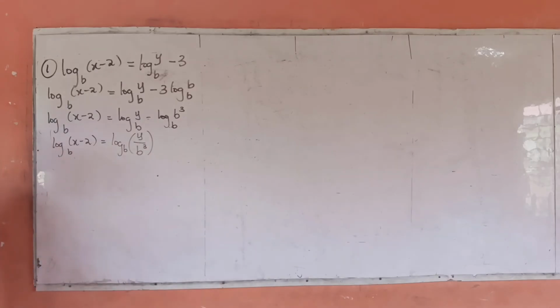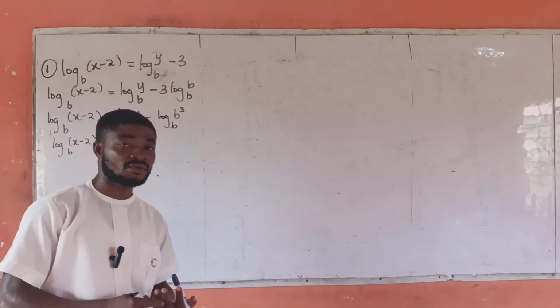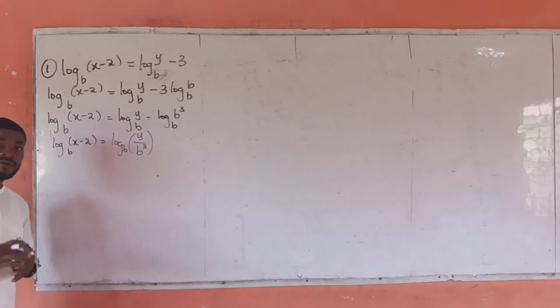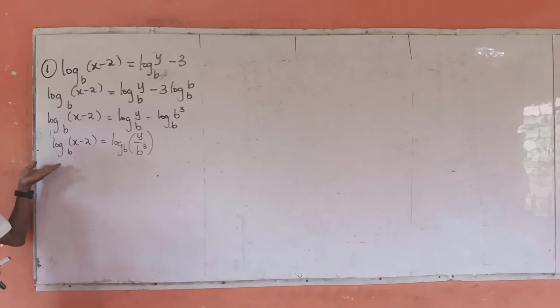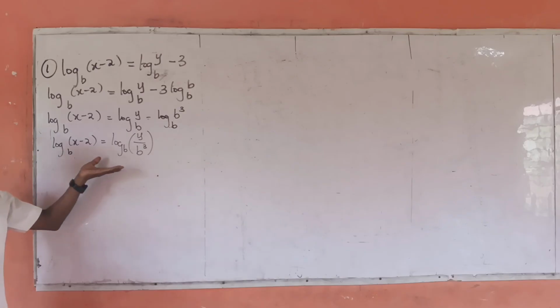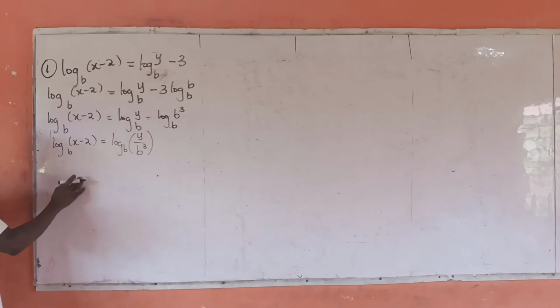Now we have log y over b to the power 3 all base b. This is what I'm talking about. Now we consider the two sides, and from a consideration of these two, we can take anti-logarithm of both sides. By taking anti-logarithm of both sides, the log b would vanish from both sides, because it's just like dividing by log b, so that this will cancel this particular one.